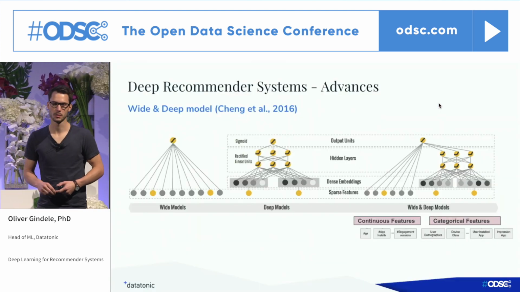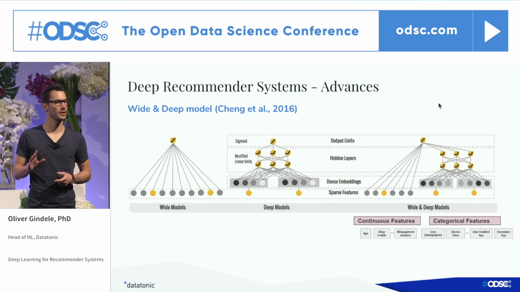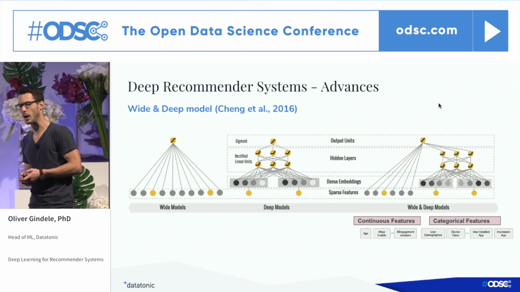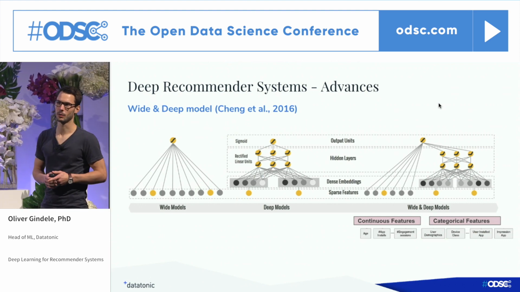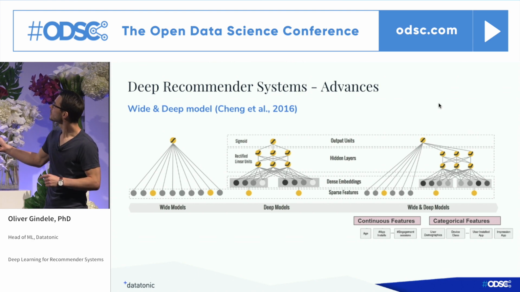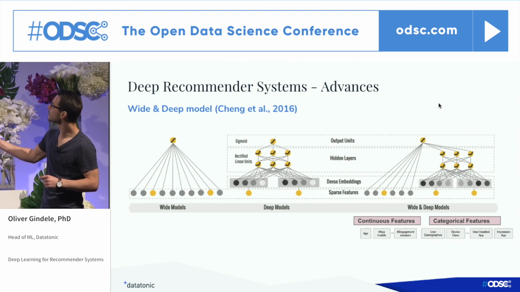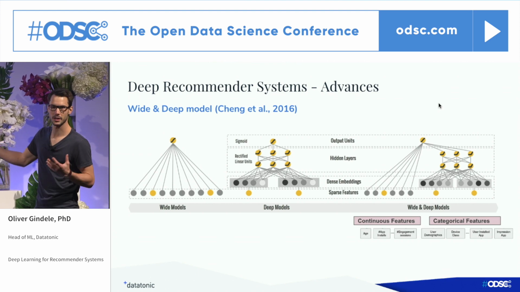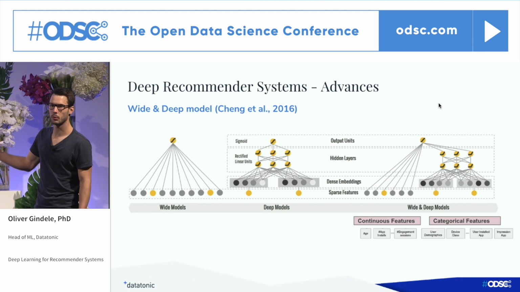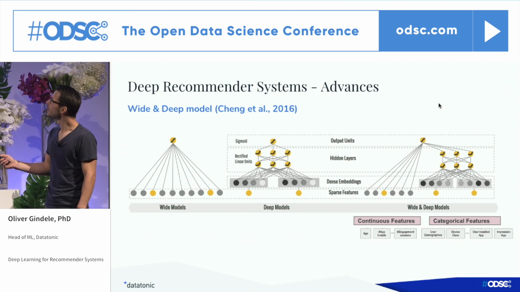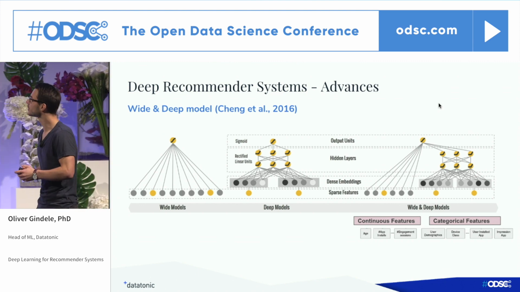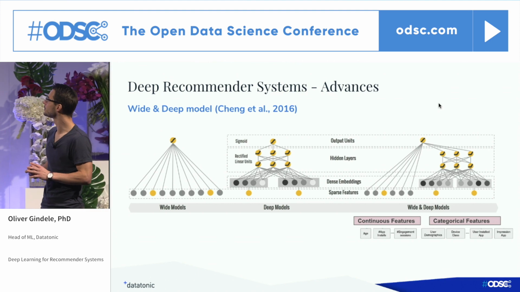First of all, there's a model that used to serve, maybe still does, Google Play Store recommendations. It's what's called wide and deep. And it's very similar to what I've showed you before with this neural collaborative filtering approach. So have a look here. We have a deep model on the right, or in the middle of this graph, which is literally this MLP I showed you before, which again incorporates these dense embeddings. And then we have a wide model on the left, which is a linear model, very simple type of common machine learning model.